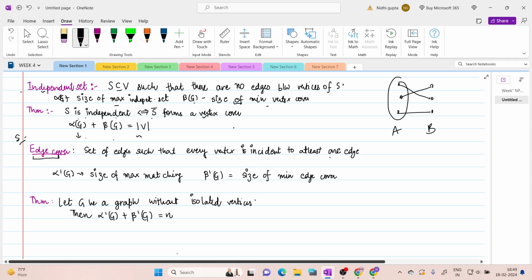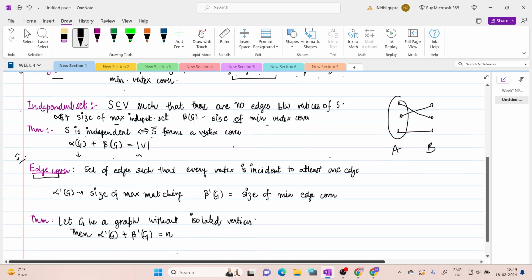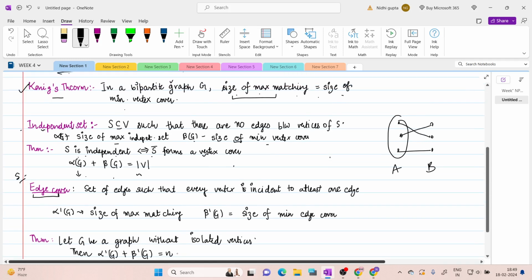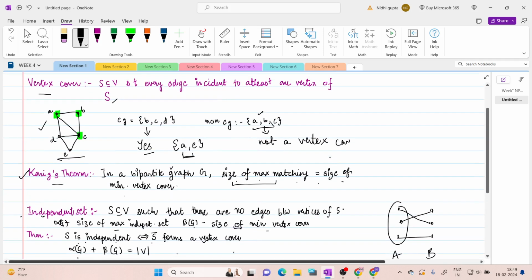In edge cover, we are choosing edges such that every vertex is adjacent to at least one edge. So in this example, can you give me an example of an edge cover?